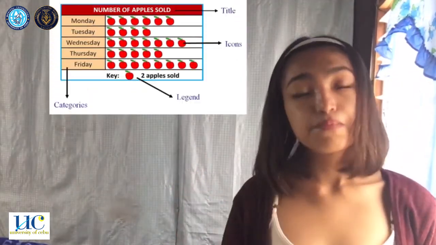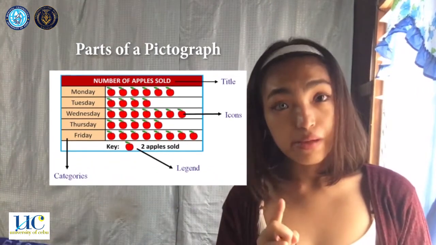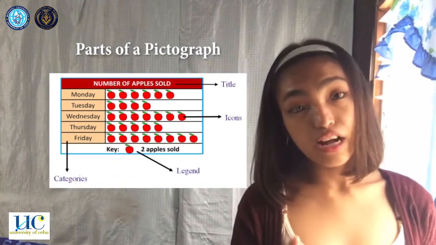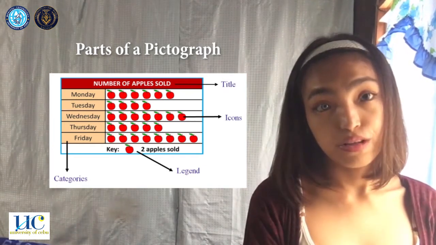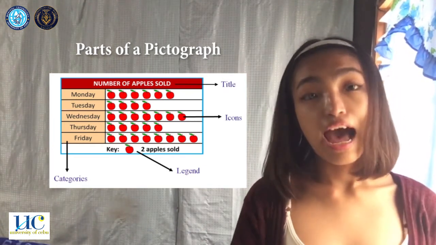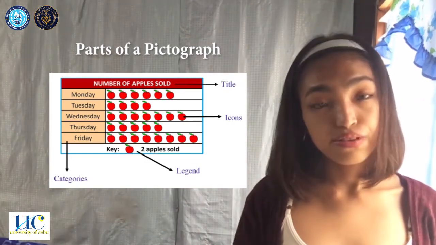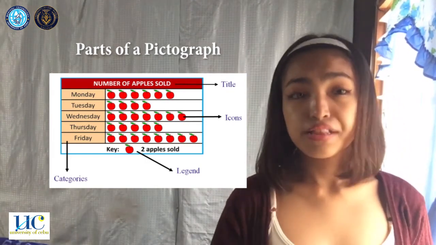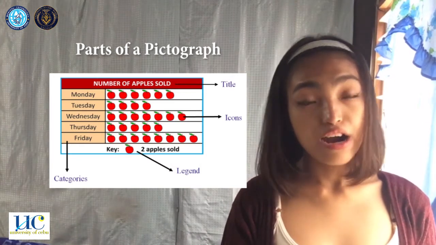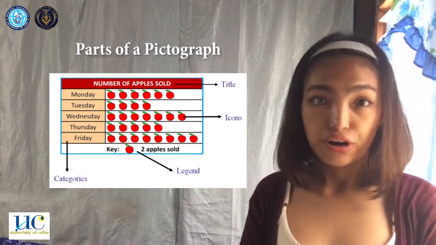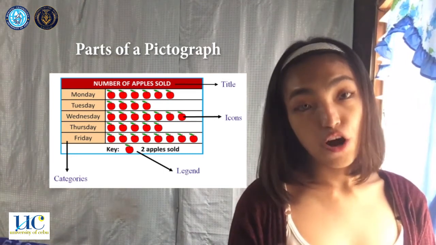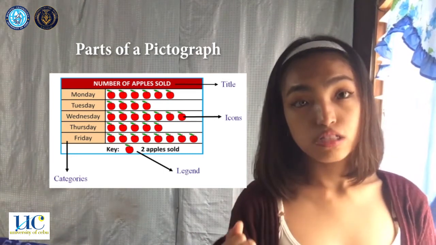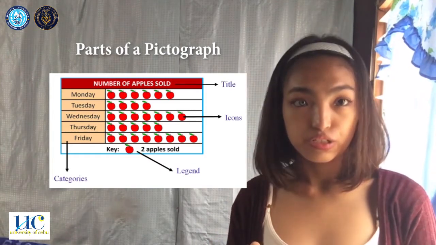And now we're going to explore the parts of the pictograph. The topic of the table or the variables that are reflected is addressed by the title, which is positioned at the top of the graph. The variables or data being compared are referred to as categories, and the visualization or projection of the variables are called icons or pictures.